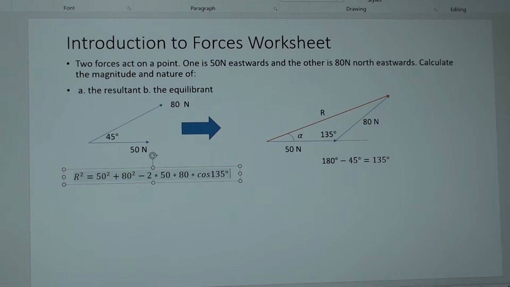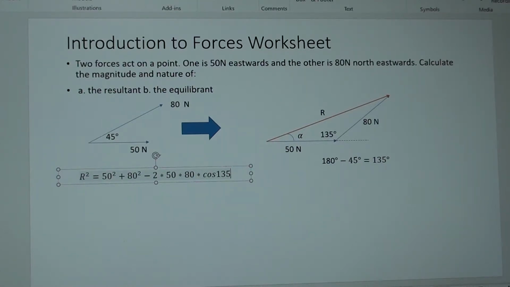So try to solve this one. It takes time when you do it using this editing.